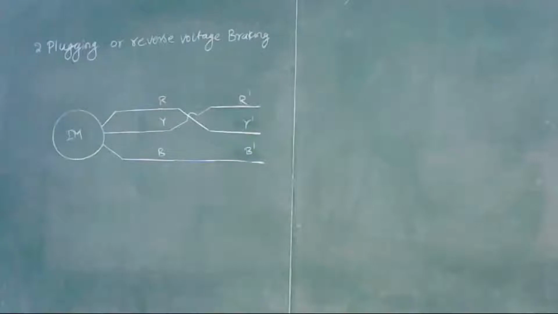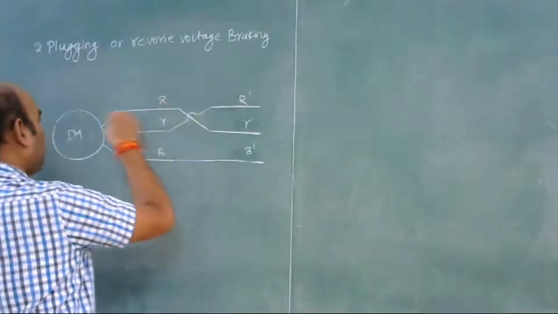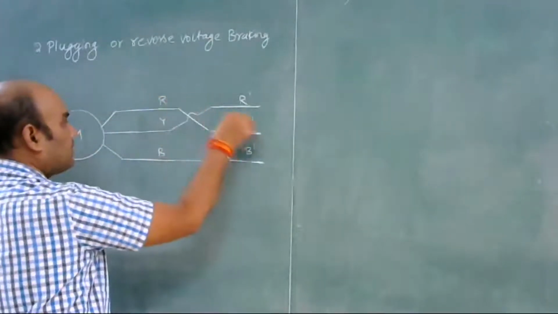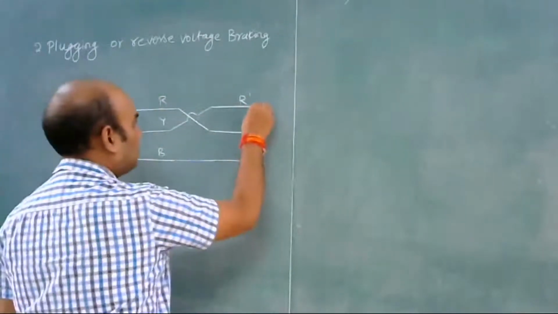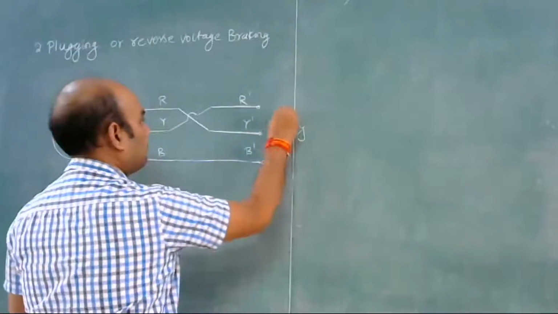So we have interchanged the phase terminals of the induction motor: R is connected to Y dash and Y is connected to R dash. These are the supply terminals, three-phase supply.